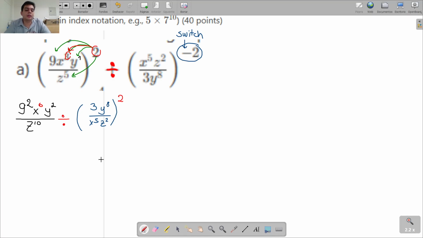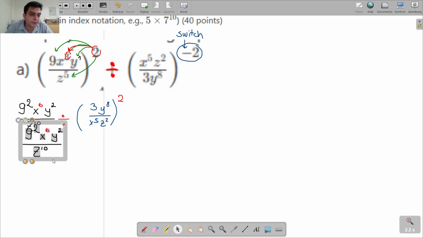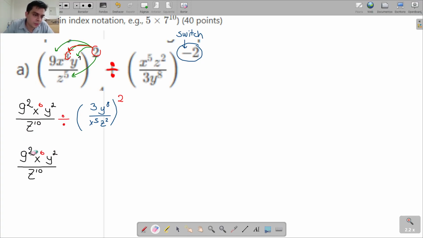After this, we are going to repeat the same process we saw before. We can solve this 9 to the power of 2, which is 9 times 9, 81. We can distribute this.